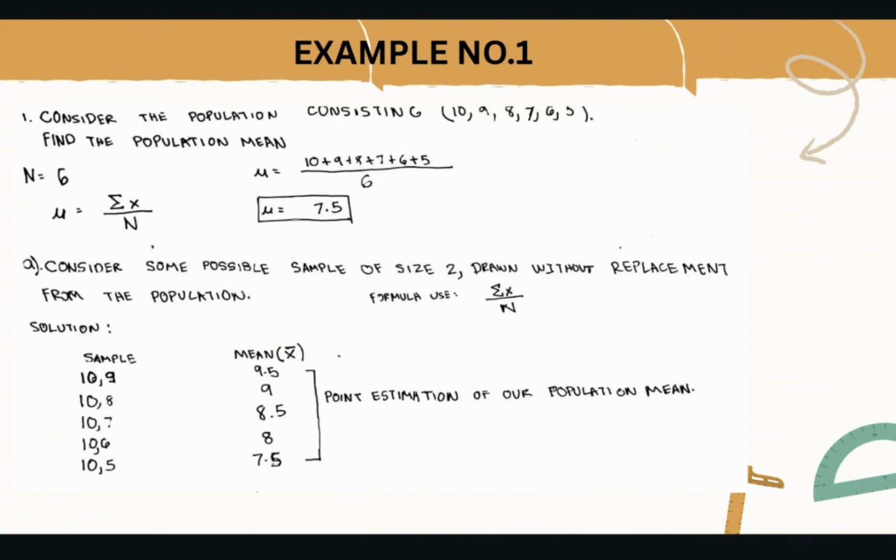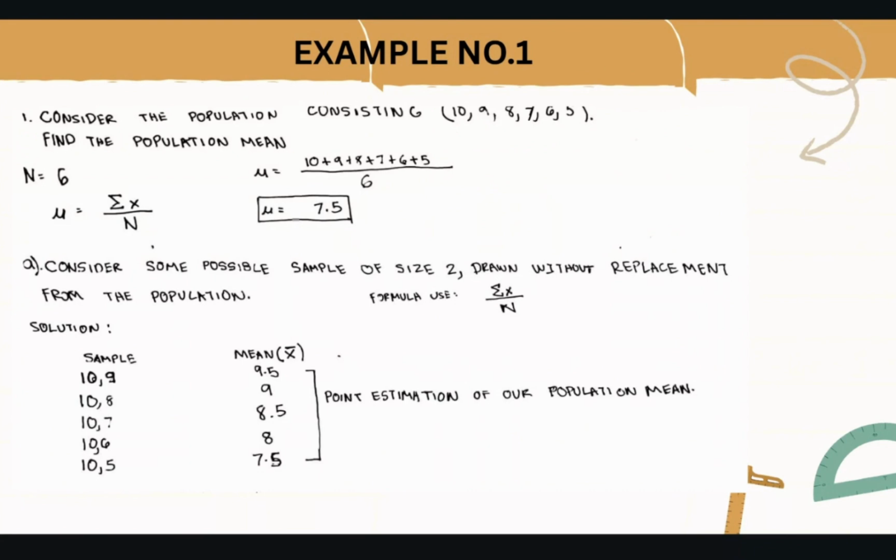Also, if you want, you can add some more, like 9, 8; 9, 7; 9, 6; 9, 5, and so on. But the given said to consider some possible samples, so I am going to use these 5 only.